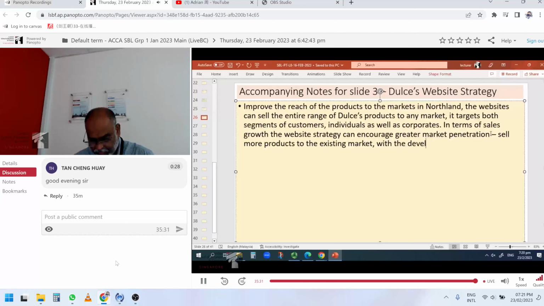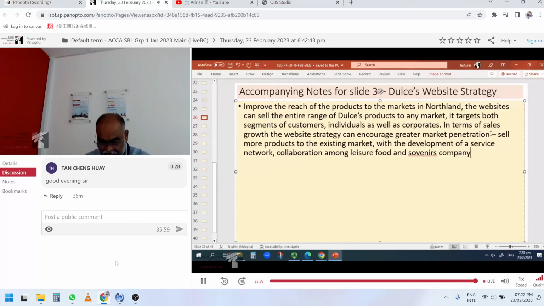With the development of a service network, collaboration among leisure, food and souvenirs companies or souvenir sellers can be established.